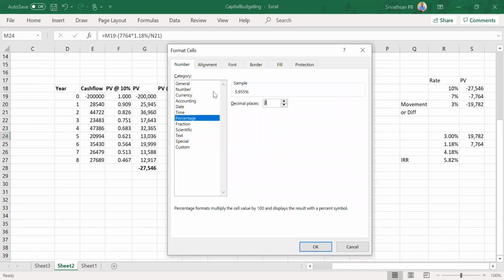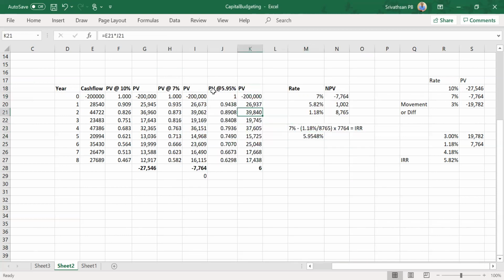Probably it's a bit more, 5.9548. We can even do that because it's Excel. At 5.9548 it becomes minus 31. So let's keep it at 5.95.